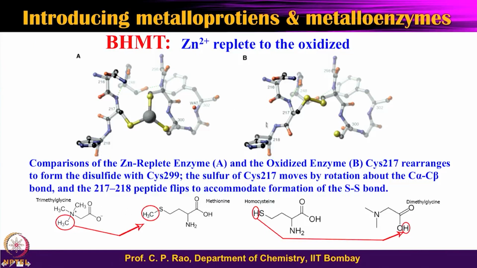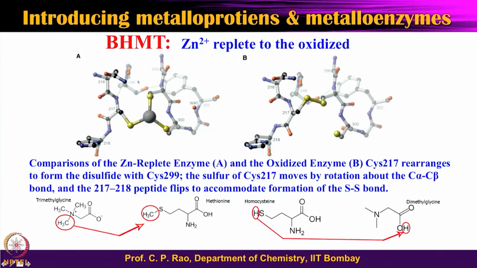And as a result, how does this happen? When this happens, cysteine 217 should rearrange to form a disulfide bond, and sulfur moves in this rotation. So, you have a great change in this particular conformational region. Okay.